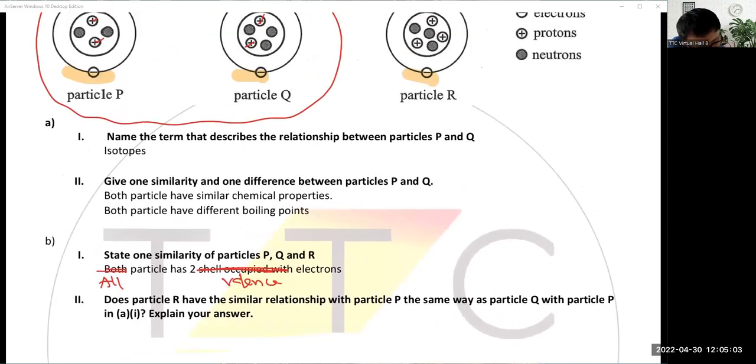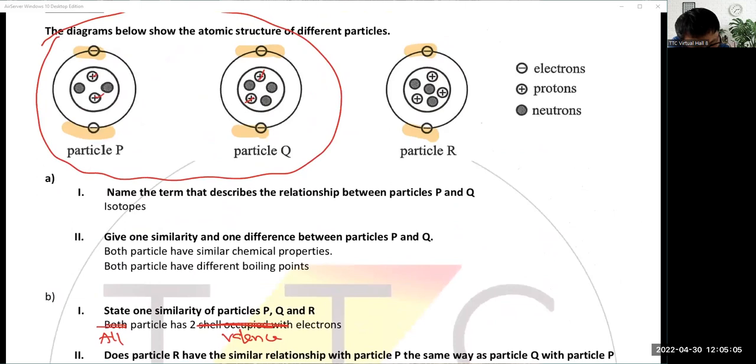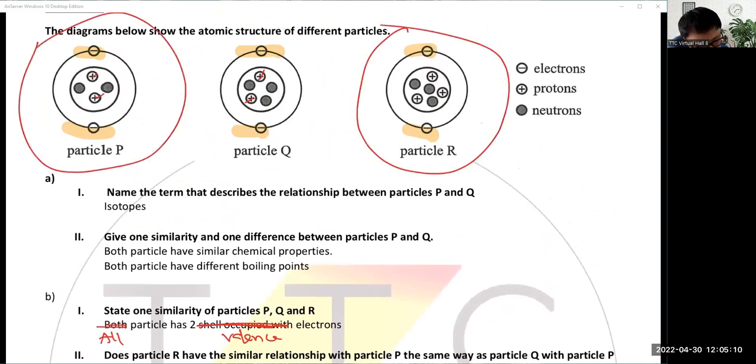Okay, the main thing is, is R an isotope of P? So the answer is no, because their protons, here got 2 protons, here got 3 protons. They actually are not isotopes.